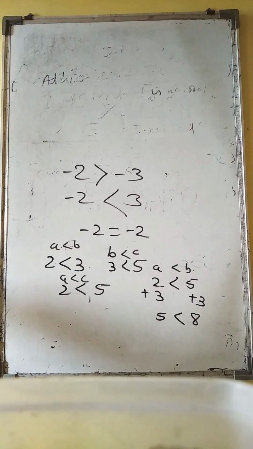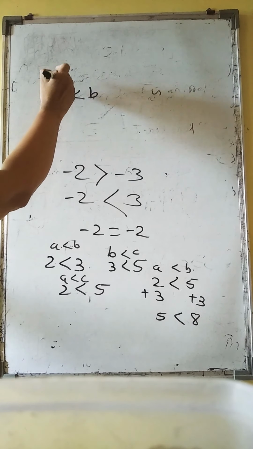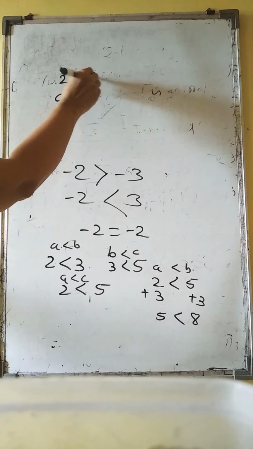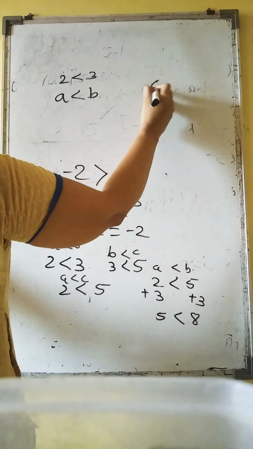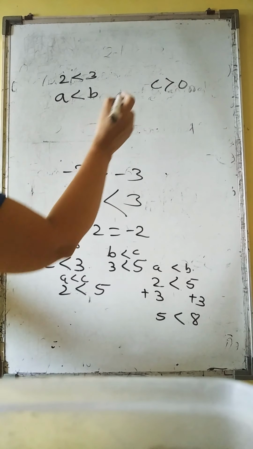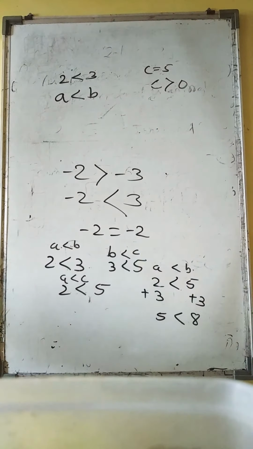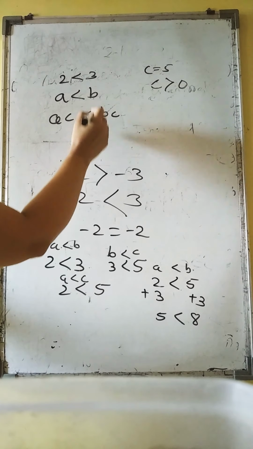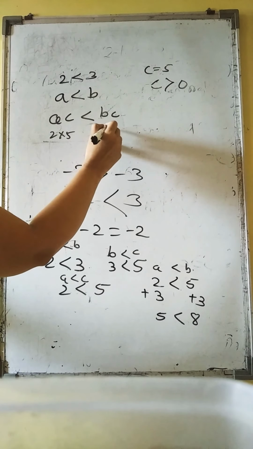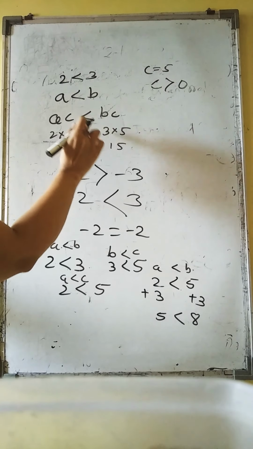And the last thing, remember children, if you have A less than B, I am taking the example 2 less than 3, and if you have something C which is strictly positive, let me take C as 5, then AC is less than BC. Check it. Do 2 into 5, 3 into 5. 10 and 15.